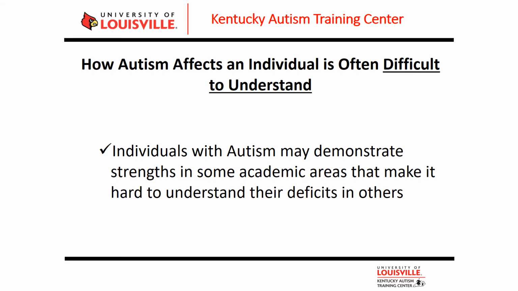Those words are a challenge, or understanding the context of those words can be a big challenge for those kids. So I just want us to keep in mind as we go through this that the way autism affects each individual child can be very different, and it makes it hard to see the autism, and sometimes it makes it hard to see the child. And remember that we're talking about kids here, kids who have good days and bad days.